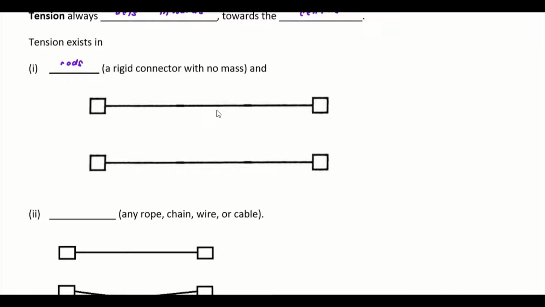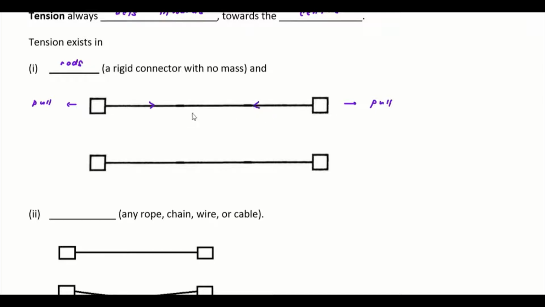There are two cases in rods. The first one is if we try to pull it. You can imagine you hold a pencil at the two sides and you try to pull it. What happens is that the pencil will react and create a force that is opposite and equal to the pull, which is inwards here.